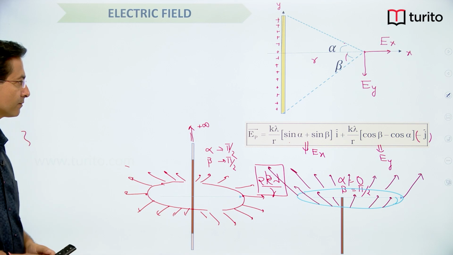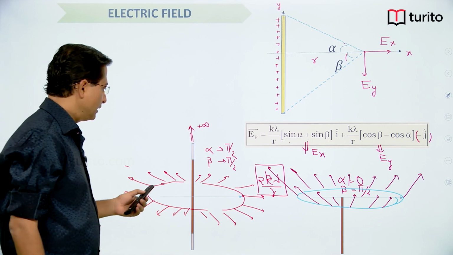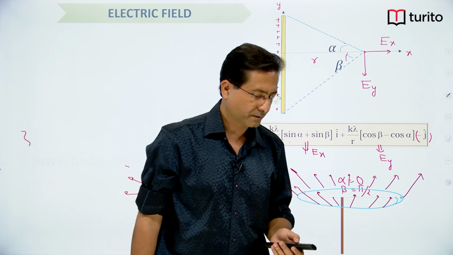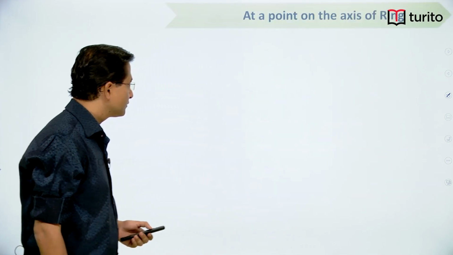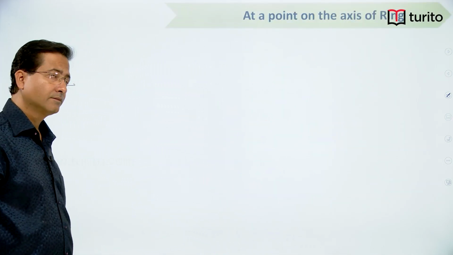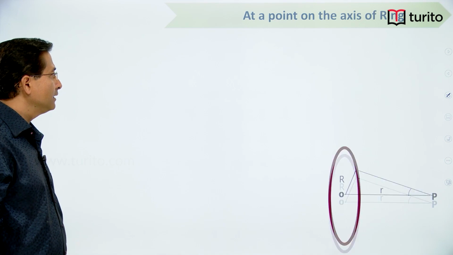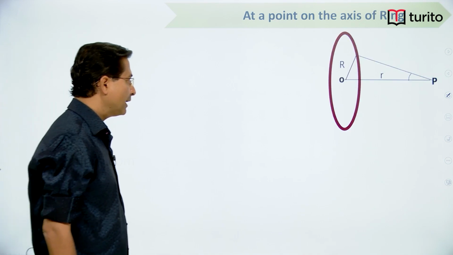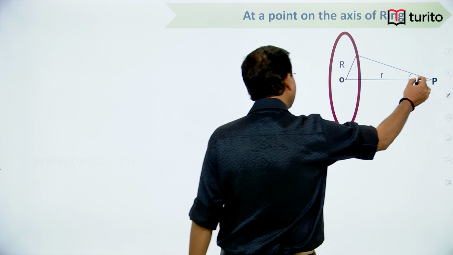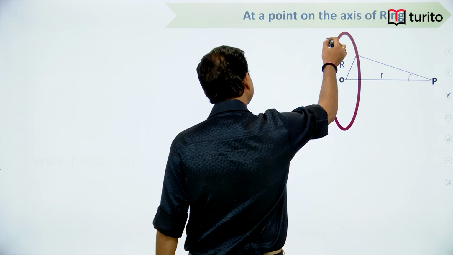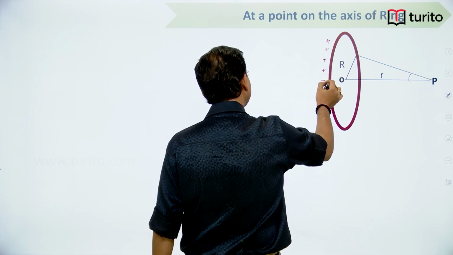linear distribution. Now, let us move to the next distribution, the ring. So, I want to find out the field due to a ring at this particular point. Assume that the ring is positively charged.